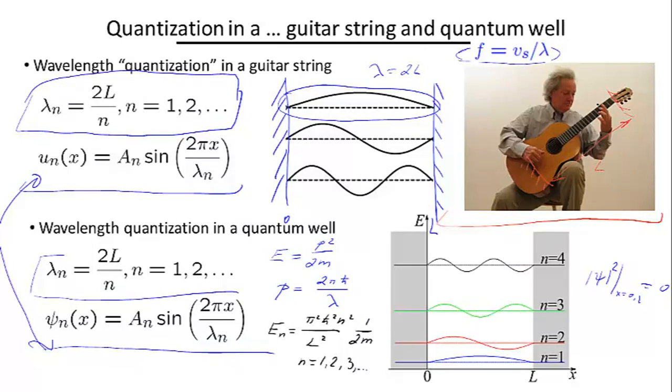But if we push not very hard, if we just touch the string here, this creates, instead of an infinite wall, an impenetrable wall for the string to propagate beyond this point, a finite barrier. And to solve the classical wave equation for the string in the presence of such a small perturbation is actually more complicated than solving this equation for two hard walls.